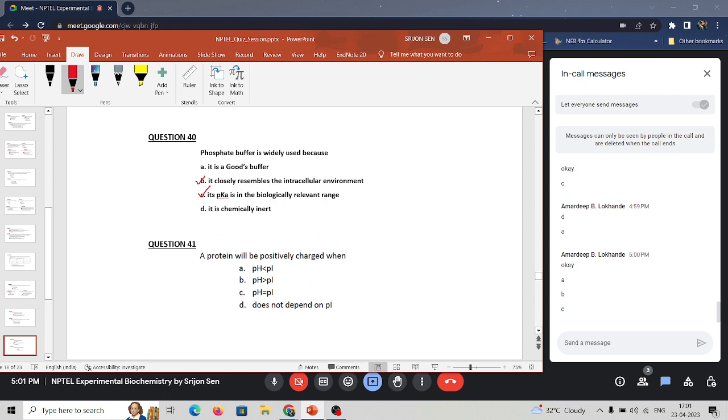Okay, a protein will be positively charged when? When is a protein going to be positively charged? pH less than pI, greater than pI, equal to pI, or does not depend on pI?